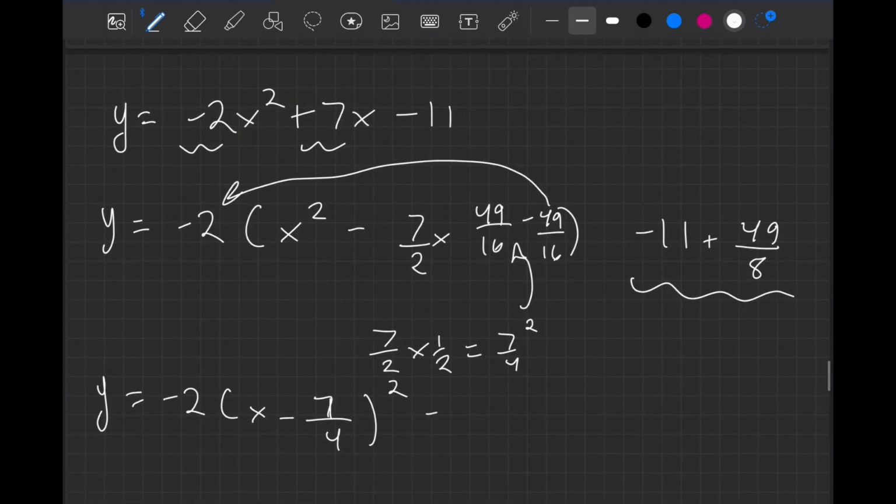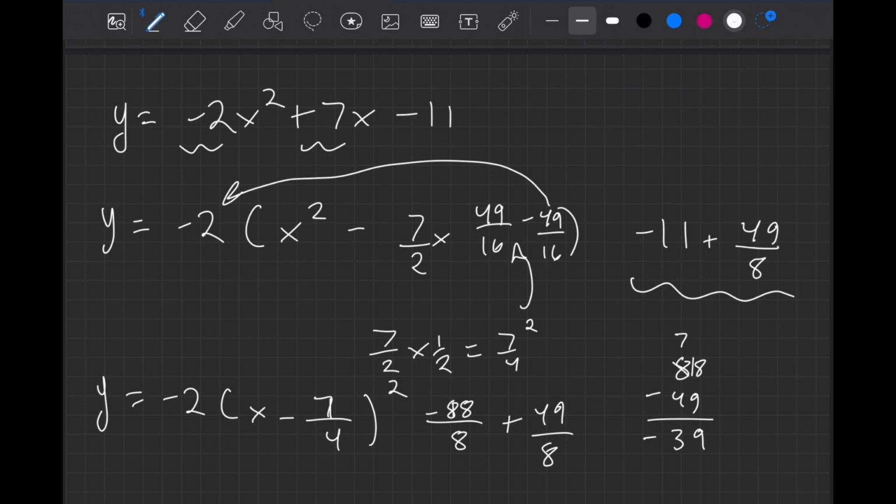-88 over 8 plus 49 over 8, and then you can do the calculation. So 88 minus 49. And then again, remember it's negative because we had that.